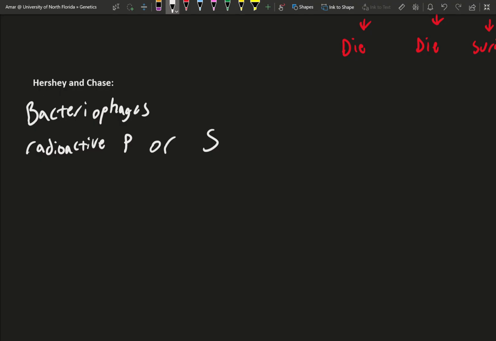And what this radioactive isotope is, it's basically something that you can use to visualize where these molecules are going. Because DNA has phosphate backbones, that radioactive phosphorus would be located on the DNA, and then radioactive sulfur will be located on proteins, because proteins use quite a bit of sulfur in them, okay?